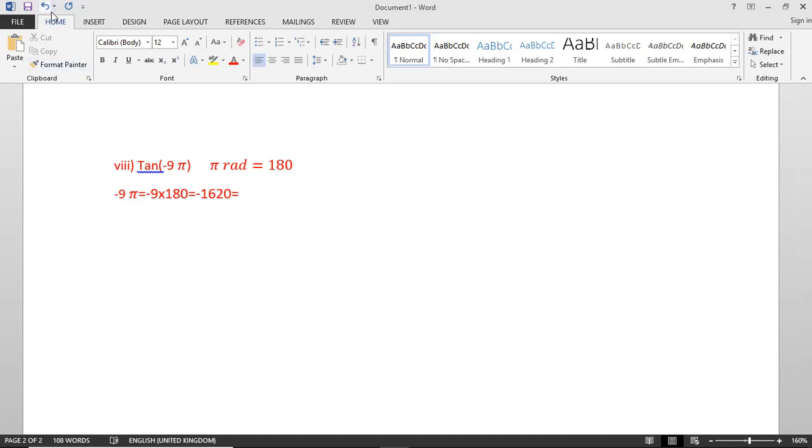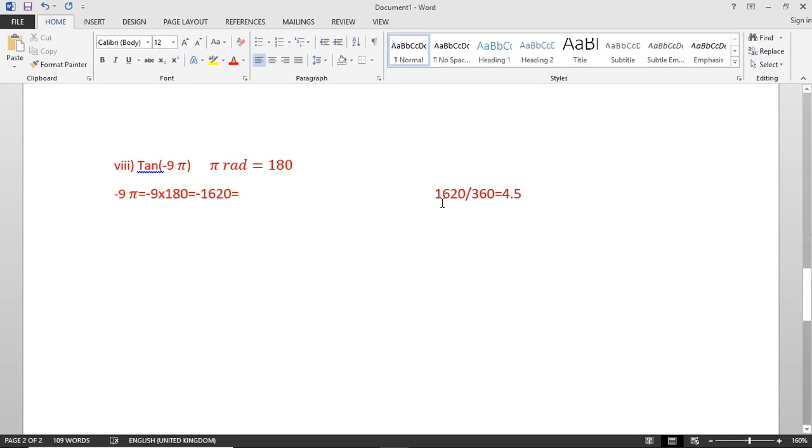And then we will divide this 1620 by 360. After the division by 360, its value will become 4.5.